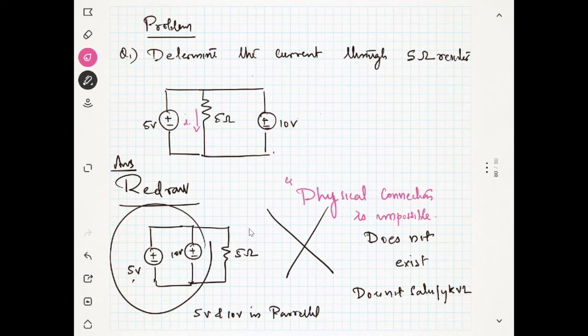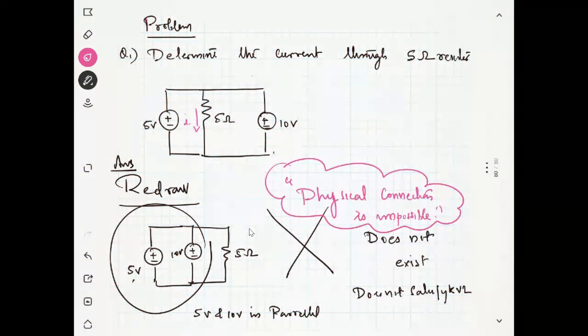I hope this is clear to you. These are all very fundamental and important concepts. Don't forget these things in your life, because if you don't know this, you cannot solve any circuit. These are very, very important points.